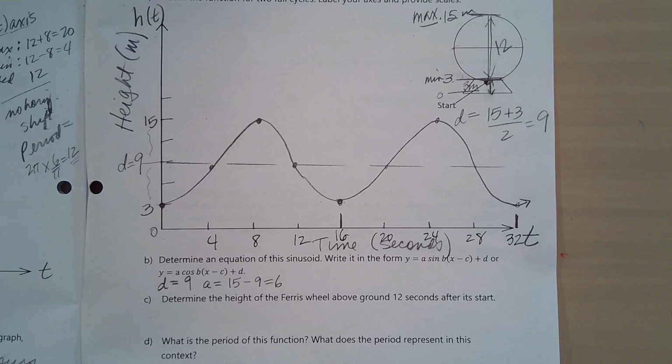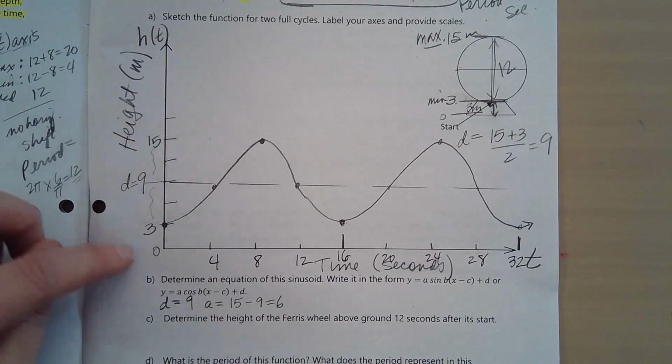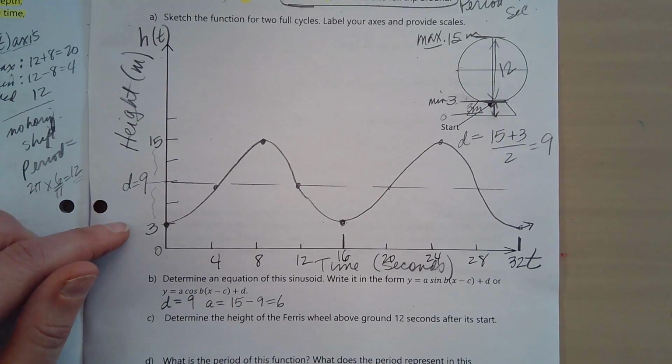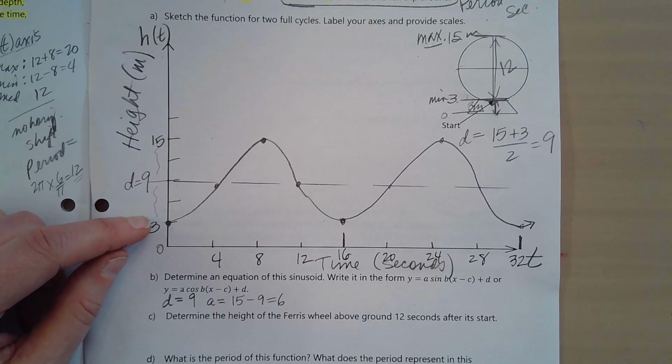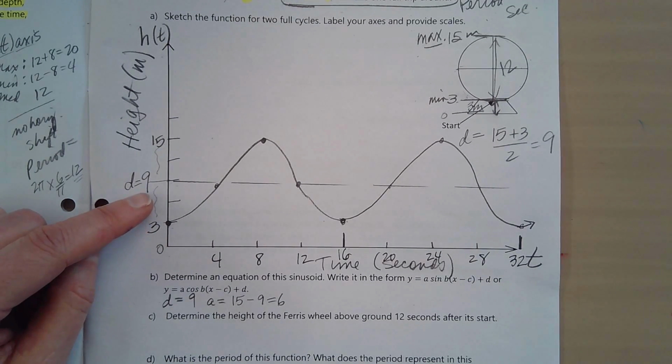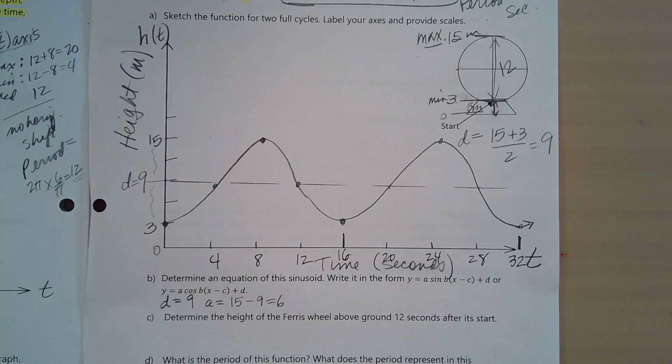Does that make sense? Cos starts either at a high or a low, a minimum or maximum. And typically, when we're talking about something, you're usually going to start at the bottom or the top. I suppose there's things you could start in the middle of a cycle, but more often than not, lots of these application questions end up having cos as the model instead of sine.